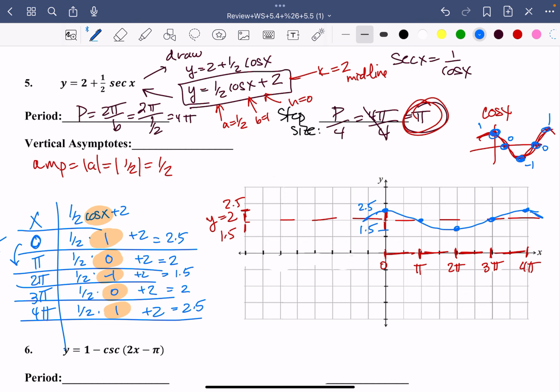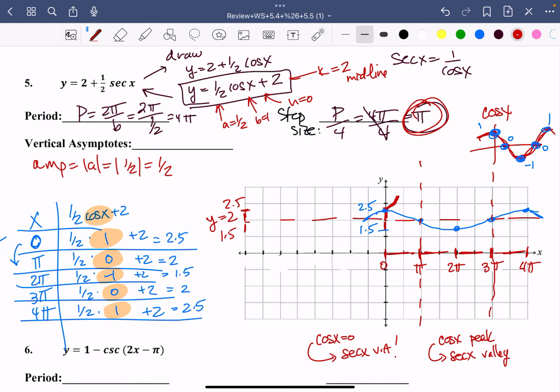So now if I go and I draw a secant, then everywhere where there was a 0, so cosine x equals 0 means that secant x has a vertical asymptote. So that's here and here, right? And we know that cosine x peak means that secant x has a valley.